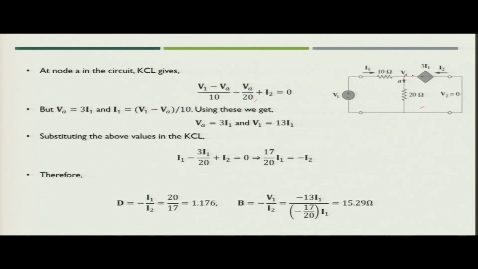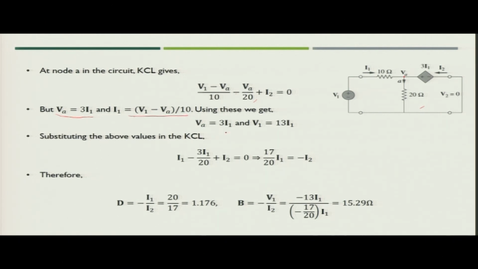So, what you can write? You can write VA equal to 3 of I1, and from this section we have already seen that I1 is nothing but V1 minus VA upon 10. So, we have these two informations in our hand.